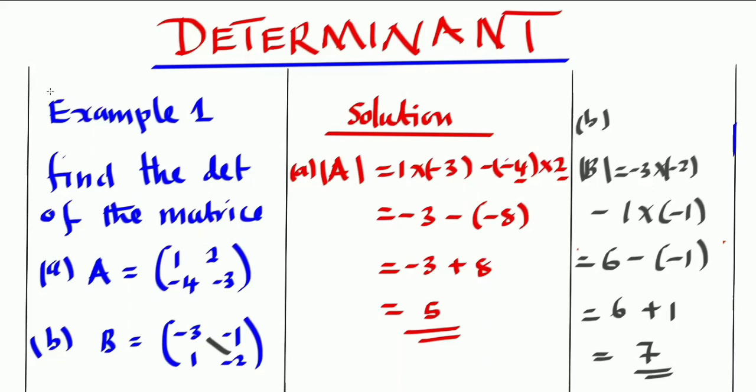All right, so now let's go to example number 2. For example number 2, we are going to answer questions where you're given the determinant and they want you to find the missing letters.